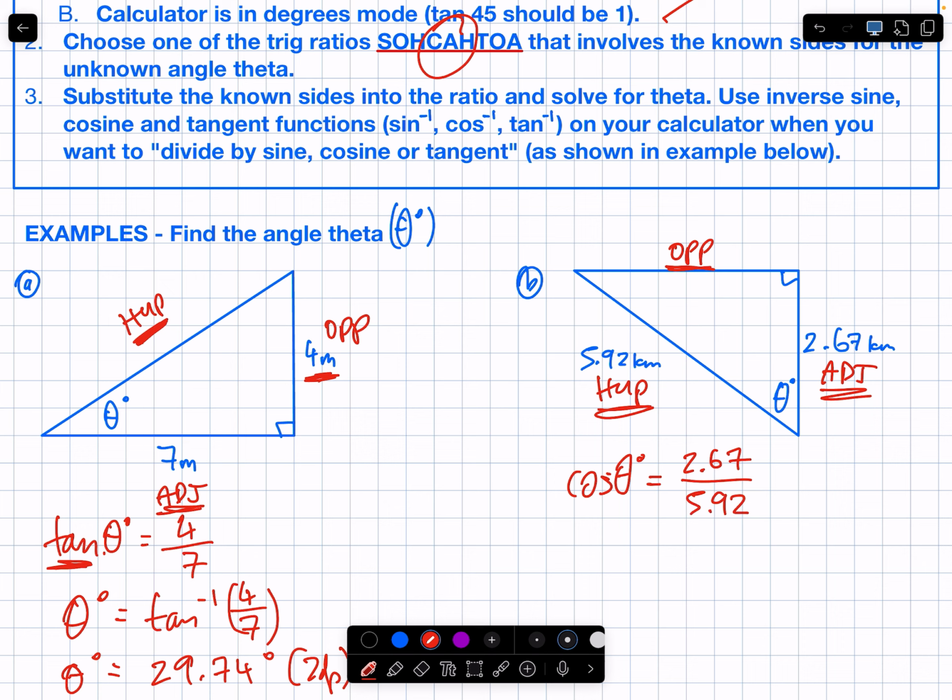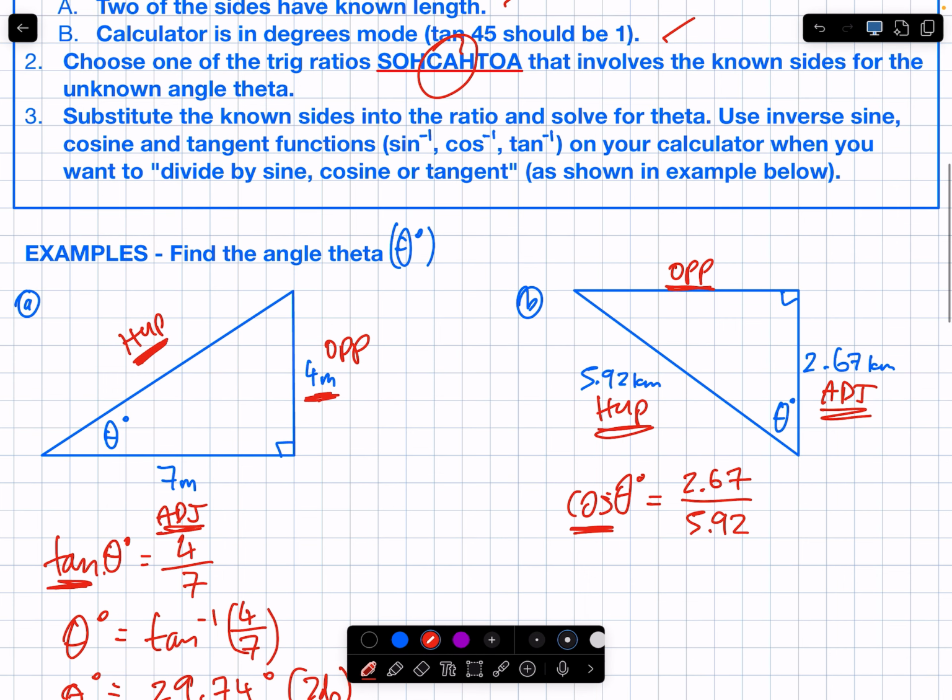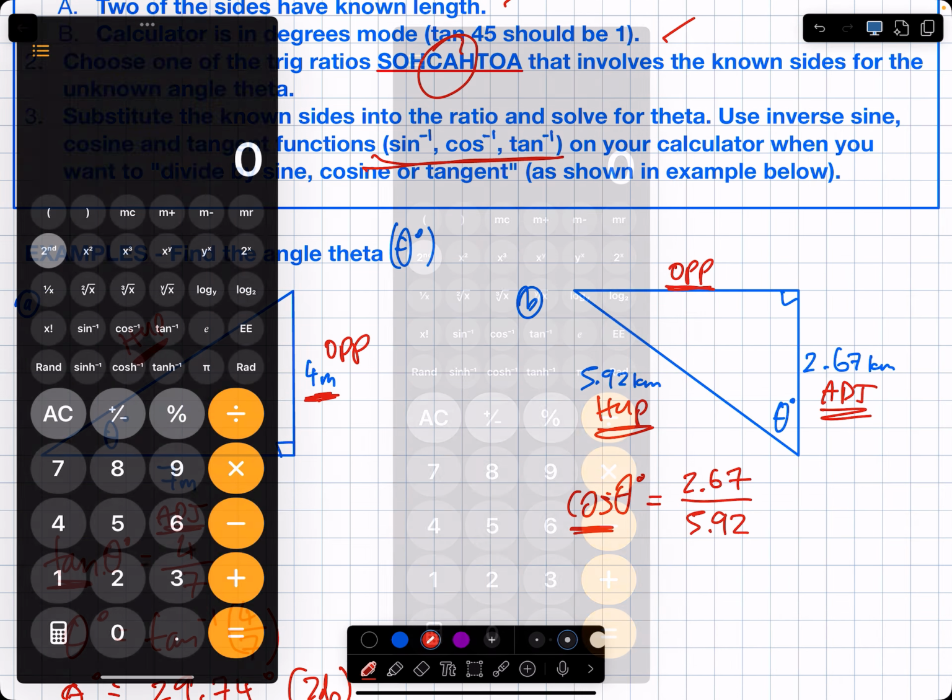At this point, I would like to divide by cosine. Is your calculator going to let you divide by cosine? What did the calculator spit out when I tried to divide? You said maths error. So what do we use instead of dividing by cosine? What do your notes say? Sine -1, cosine -1.